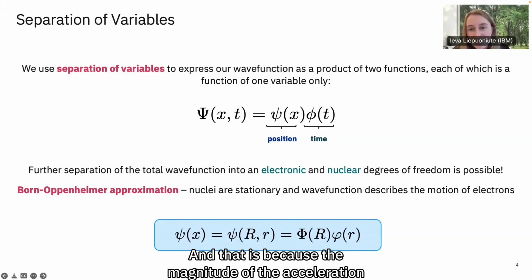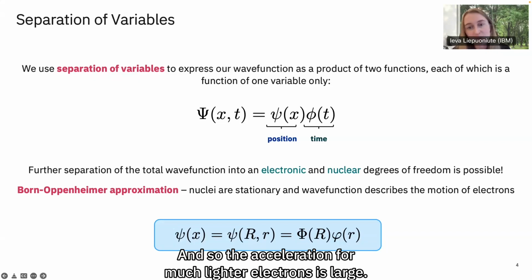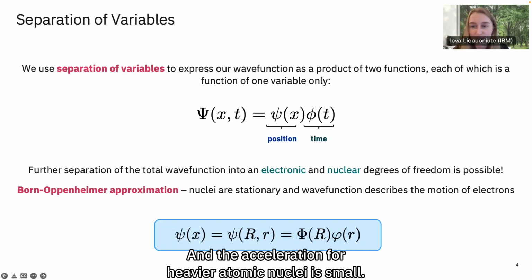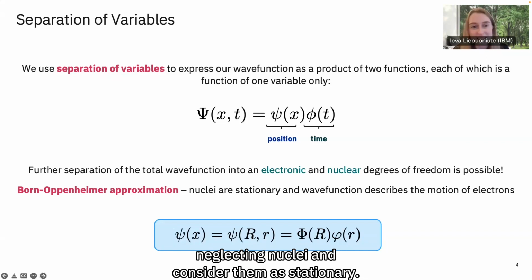That is because the magnitude of the acceleration is inversely proportional to mass, as we know. So the acceleration for much lighter electrons is large, and the acceleration for heavier atomic nuclei is small. Considering that, we can end up essentially neglecting nuclei and consider them as stationary.